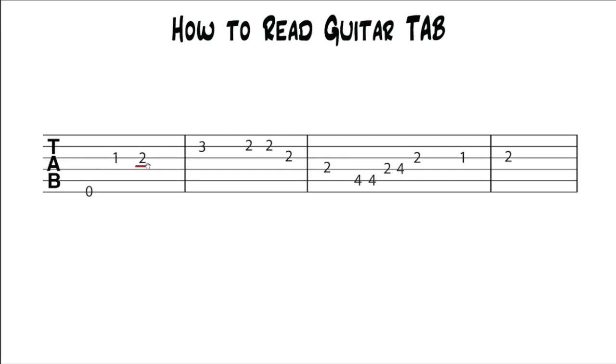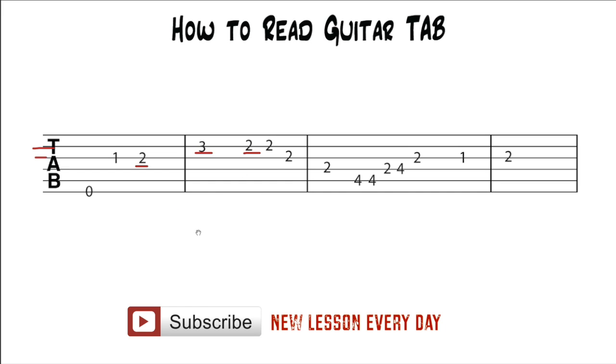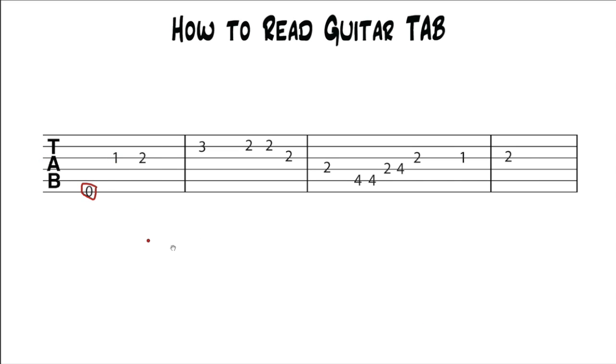This is fretting the note in the 2nd fret on the 3rd string. This is fretting the note on the 3rd fret on the 2nd string, 2nd fret, 2nd string, and so on. It's pretty self-explanatory once you get that simple concept down. Just always know that the numbers are going to be right on the string that they represent. So this is on your 6th string, these are on your 3rd string, and so on. And just know that anytime you see a 0, that means to strike the string open.